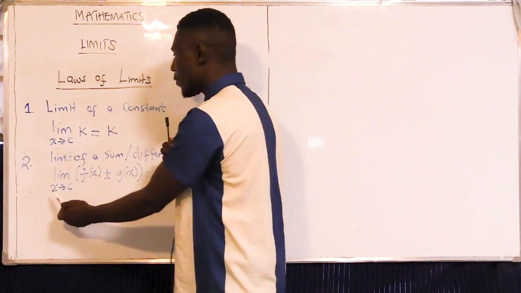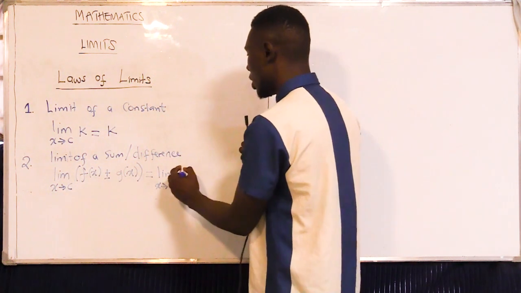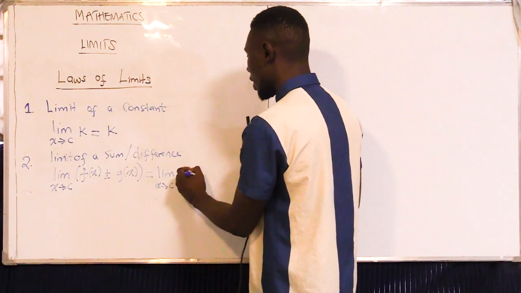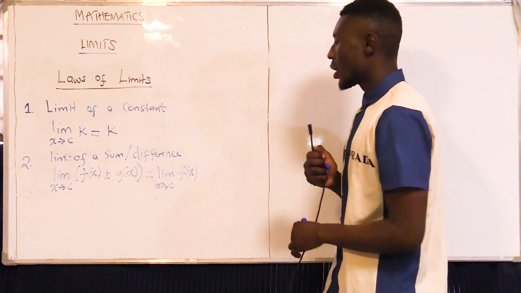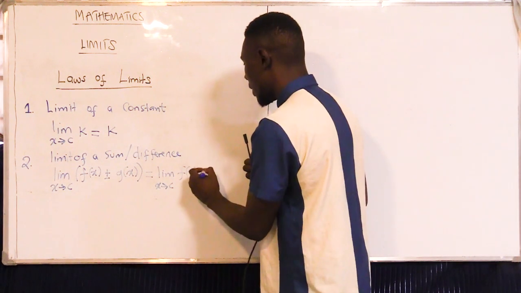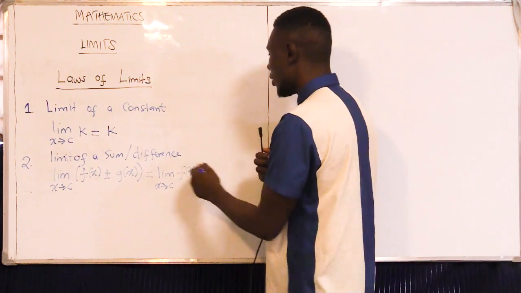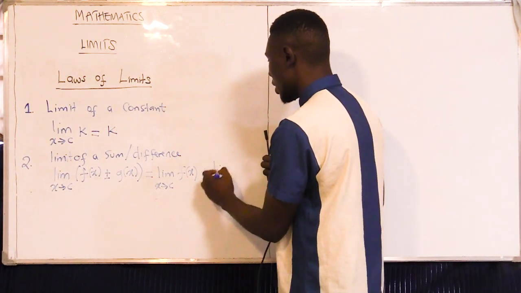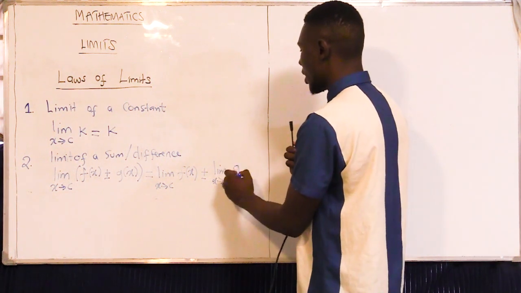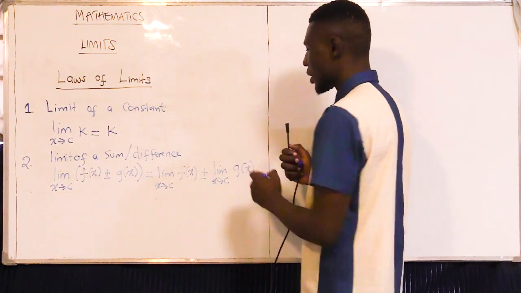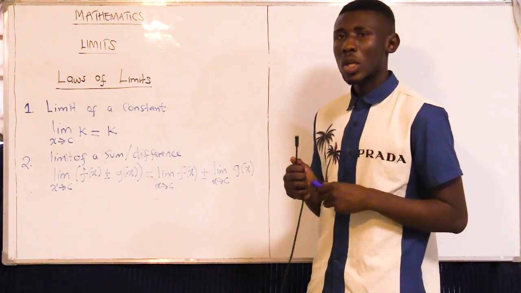So the limit as x approaches c will be distributed to both functions. So it will be the same limit as x is approaching c of my first function f of x, and now I'll put either plus or minus here, depending on how the problem is presented, and I'll write the same limit as x is approaching c of the second function g of x, like that. So this is the second law.